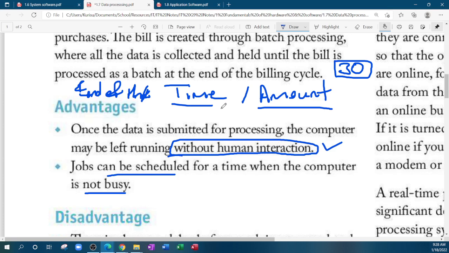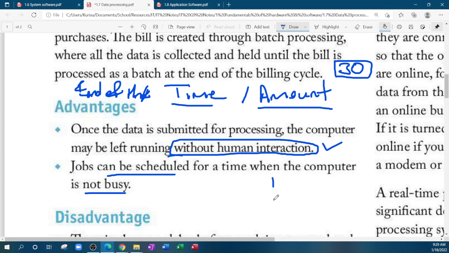So at some point in time, the computer is basically going to be doing nothing. So you can tell the computer at those times to do other tasks. When the computer is not carrying out the batch processing, you can tell it maybe to process some other data in the meantime.